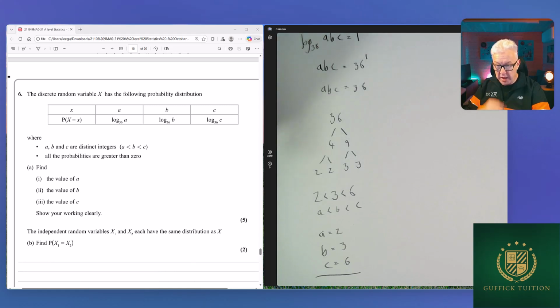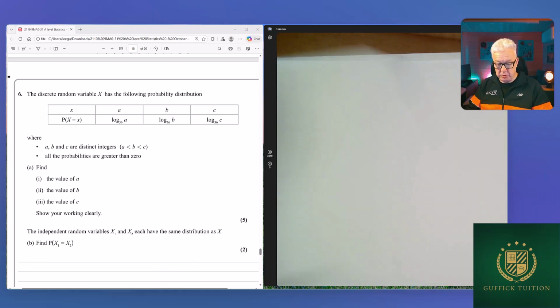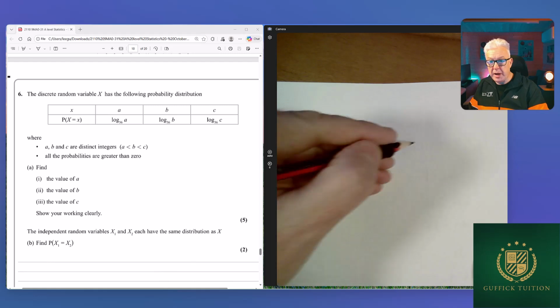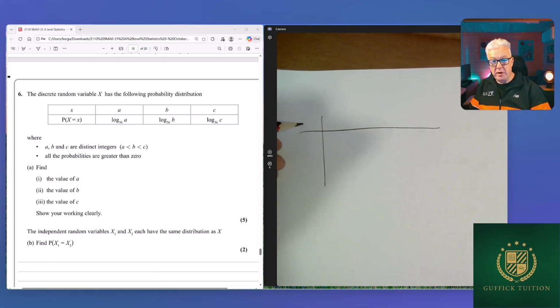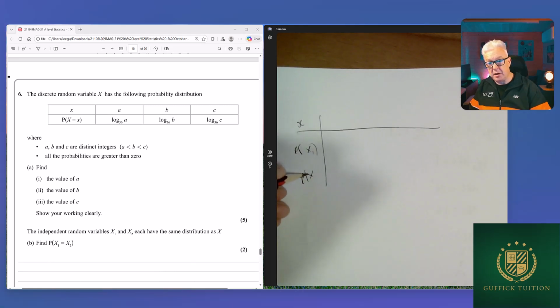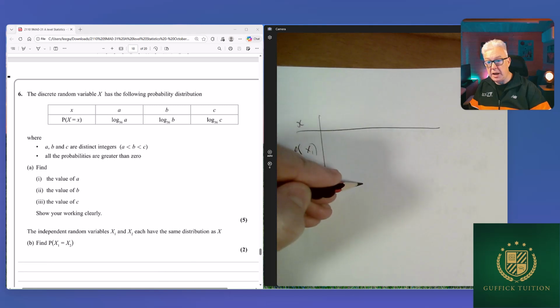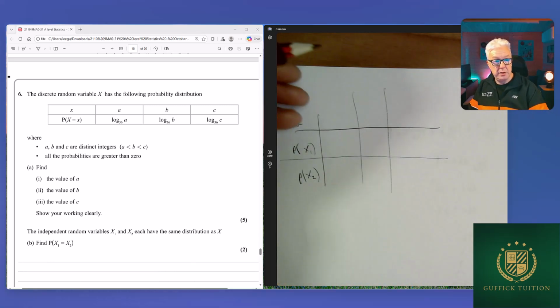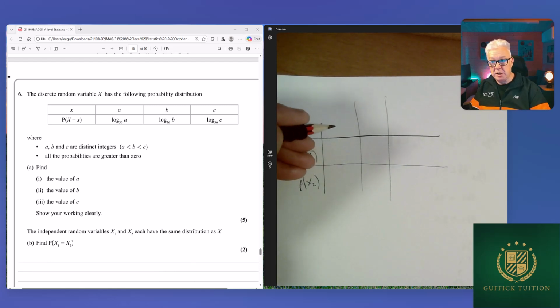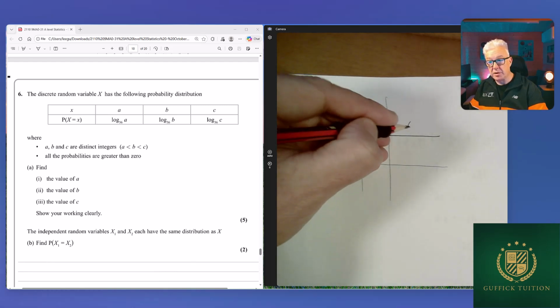Okay, so if we were to represent them in a table, let's have a little look at what's going on here. So we've got x and we've got the probability of x1 and the probability of x2. They've got the same distribution as the one for x in the question. So we've got a, b, c.